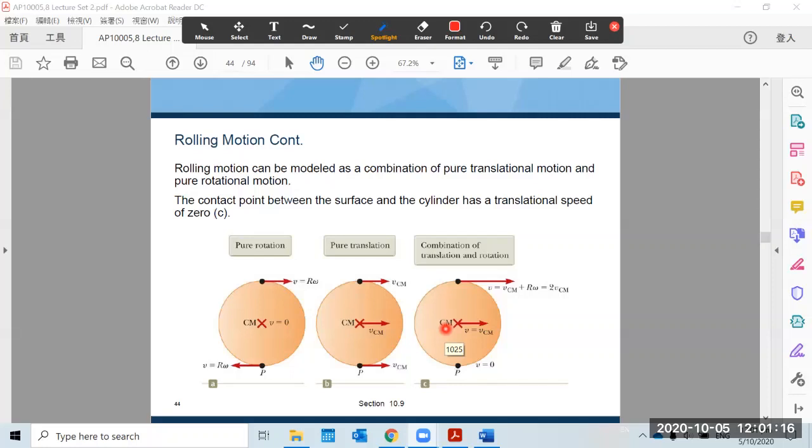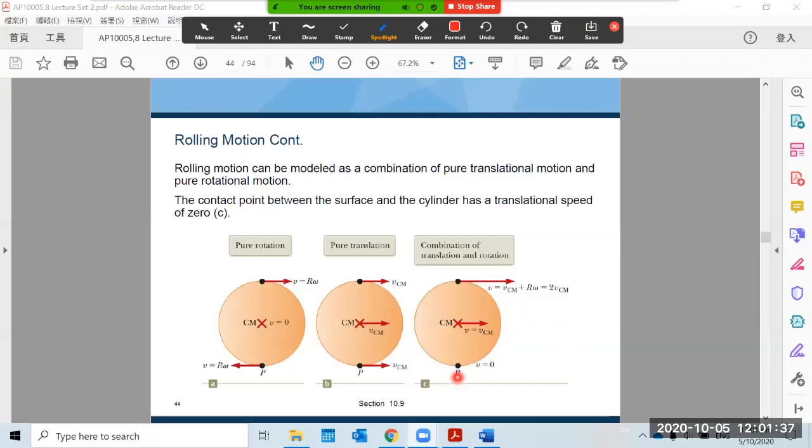But if you have an object that is just rolling without slipping, you are converting all the rotational motion into a translation for the center of mass.